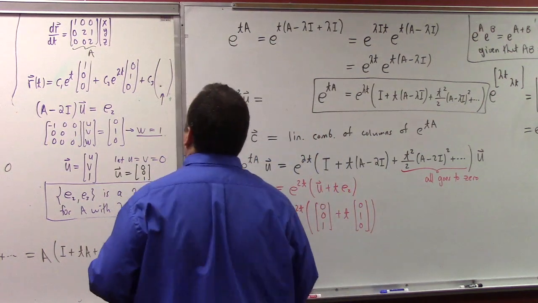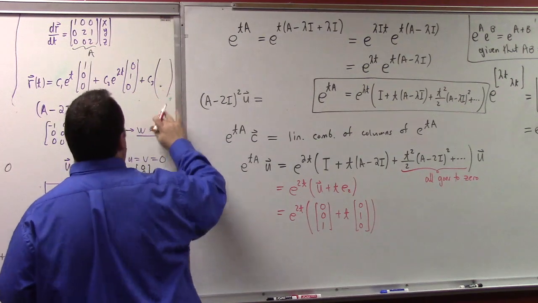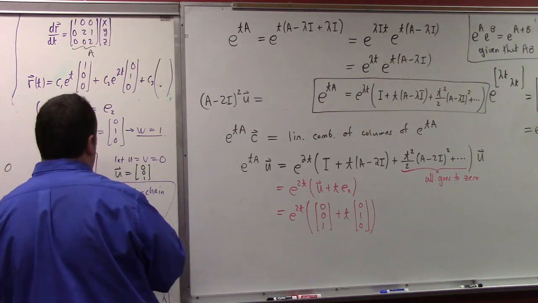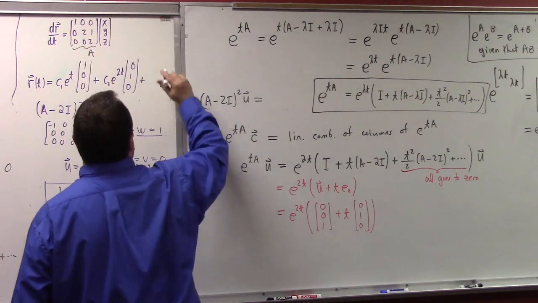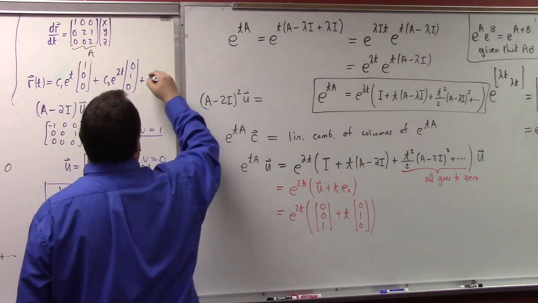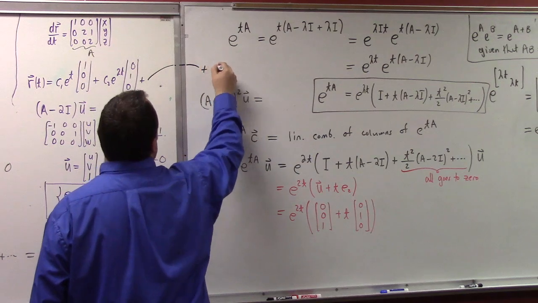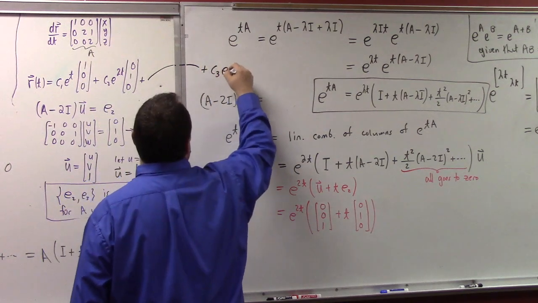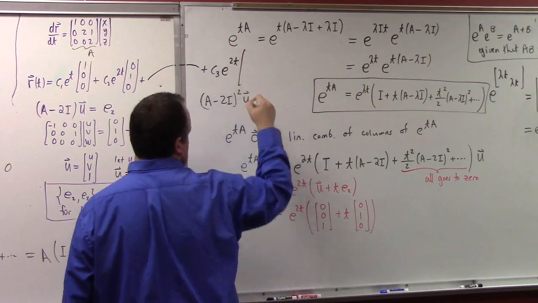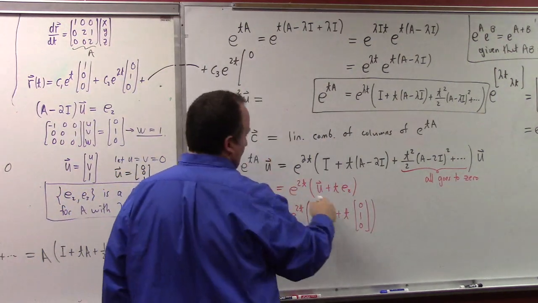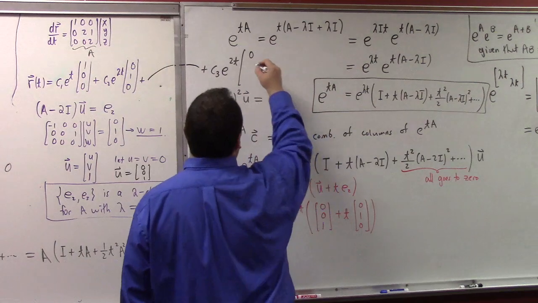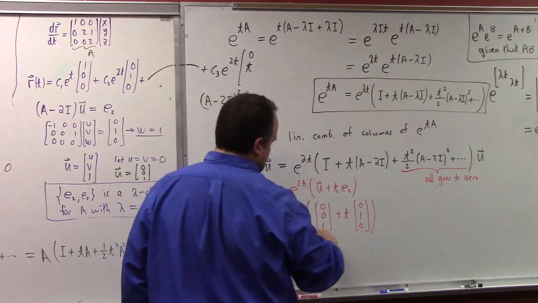So the third solution that I was supposed to put in here, we couldn't find it with eigenvectors, but now we've got it. Plus C3 times e to the 2t times, you see it? 0, t, and 1.